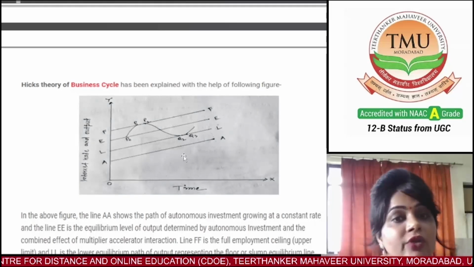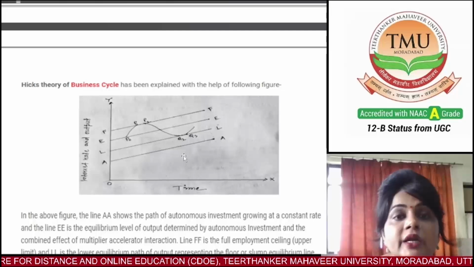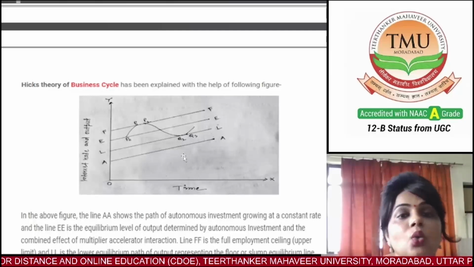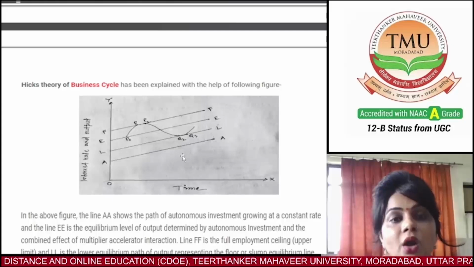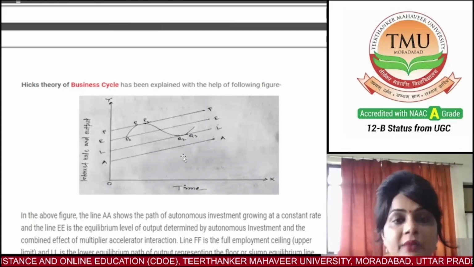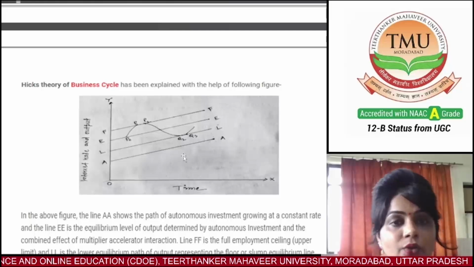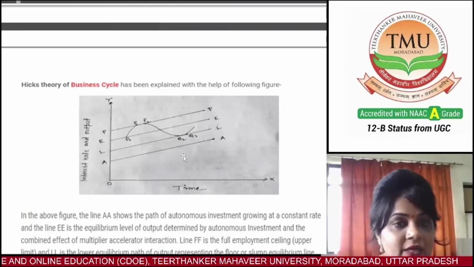In Hicks's theory of long-run equilibrium growth, the rate of increase of autonomous investment over time, and therefore long-run equilibrium growth of income, is determined by the autonomous investment and the magnitudes of the multiplier and accelerator.